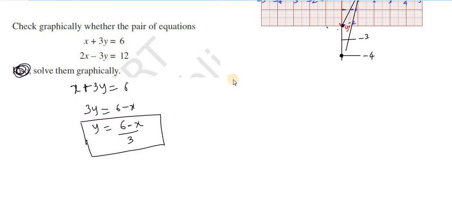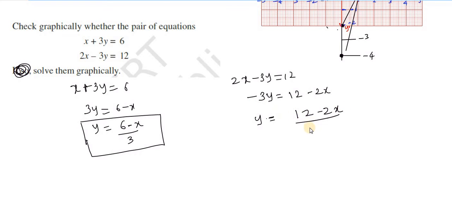And next, 2x minus 3y is equal to 12. Only the y must be there, so isolate the y by transposing everything to the right hand side. So minus 3y is equal to 12 minus 2x. So y is equal to (12 minus 2x) divided by minus 3. So this is the solution.